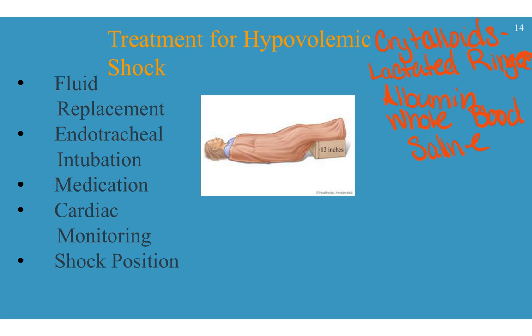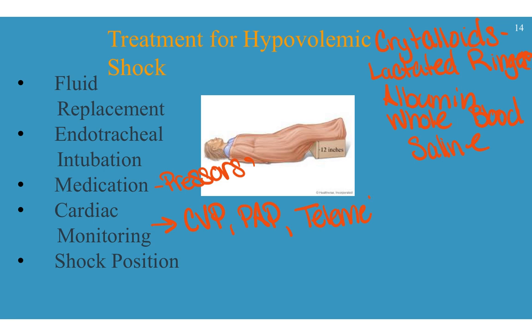We can do intubation for oxygenation, medication. The big ones here are going to be pressors. Pressors are going to cause vasoconstriction and help increase our blood pressure. We definitely want to do cardiac monitoring. CVP, so central venous pressure. If needed, we can do a pulmonary artery pressure, a PAP, which is a Swan-Ganz, and they're going to need to be on telemetry.